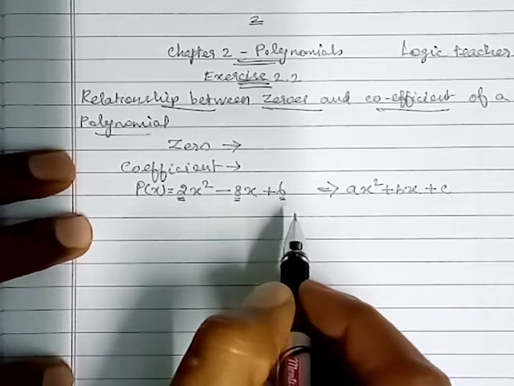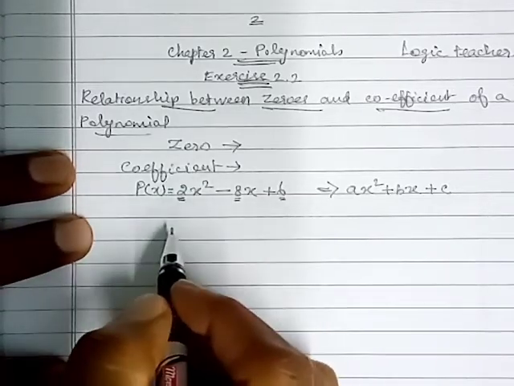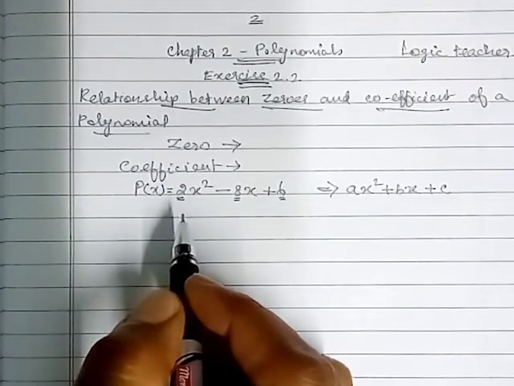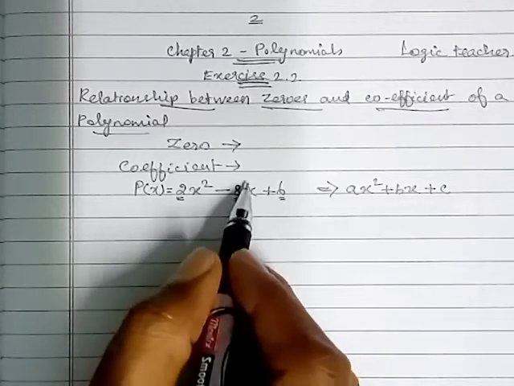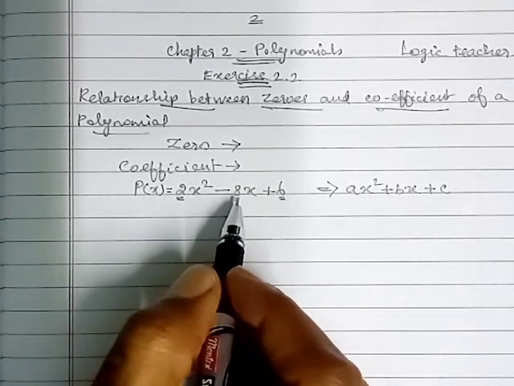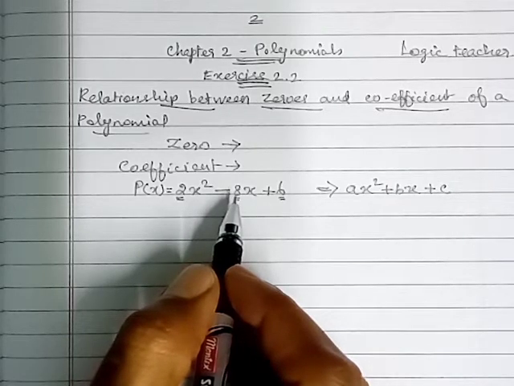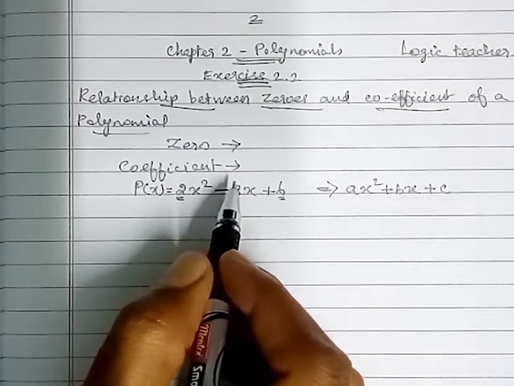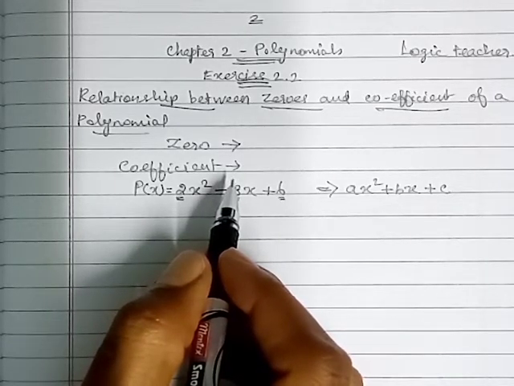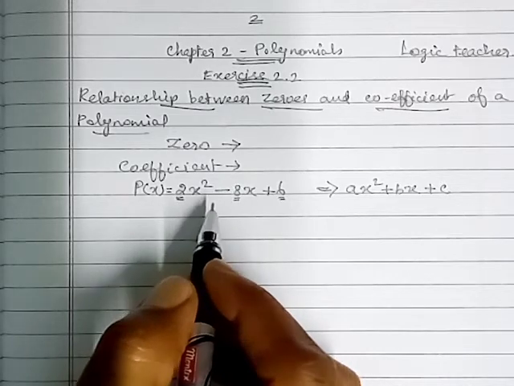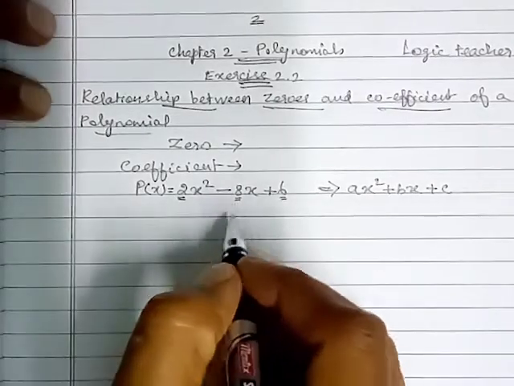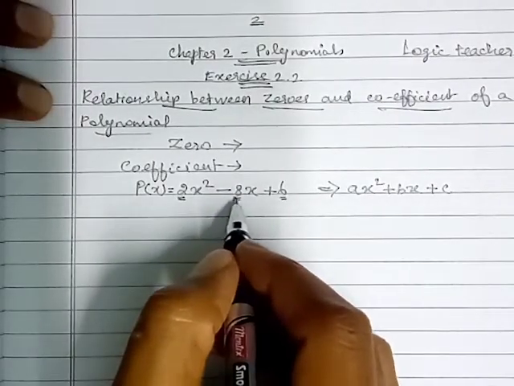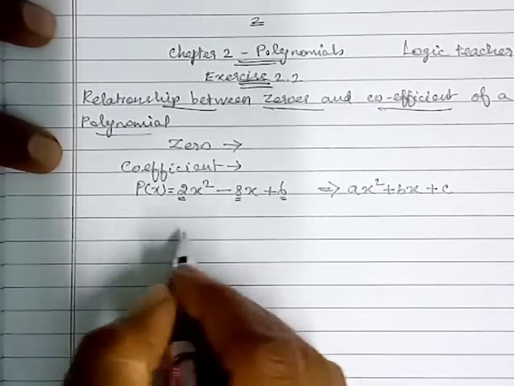Now how will you find the zeros? By factorization, we will split the middle term, that minus 8x, into two parts and find the zeros, right?